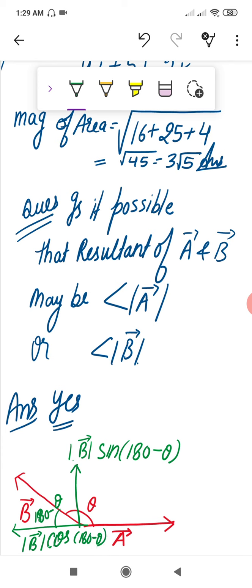So you resolve the vector B along the x-axis and y-axis. This is the x-axis and this is the y-axis.